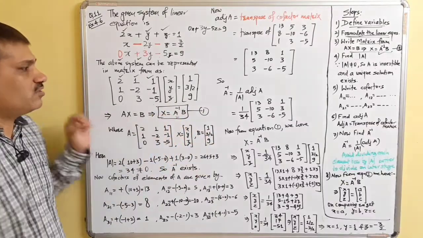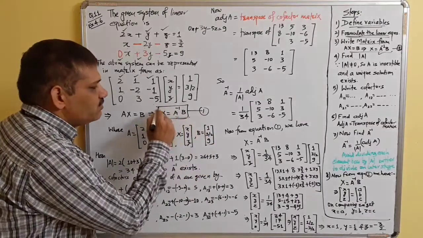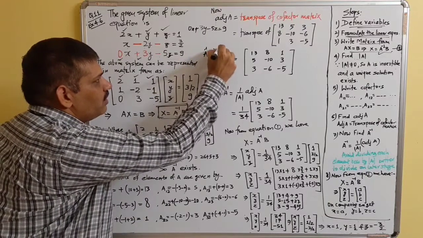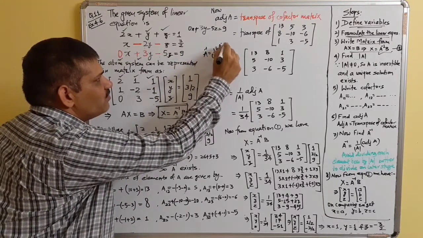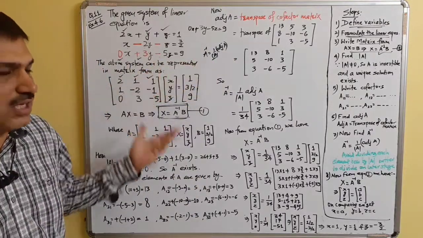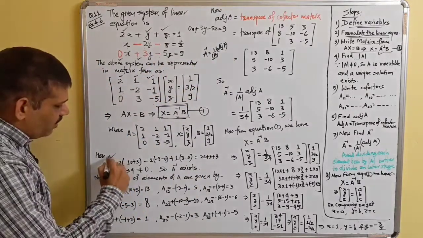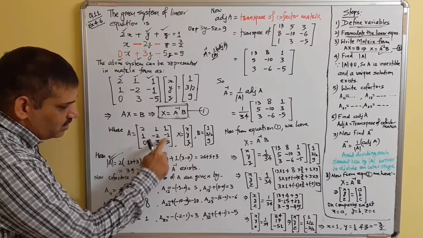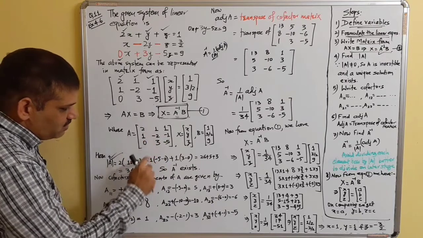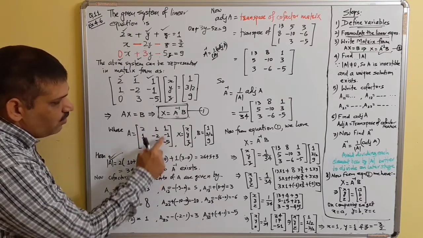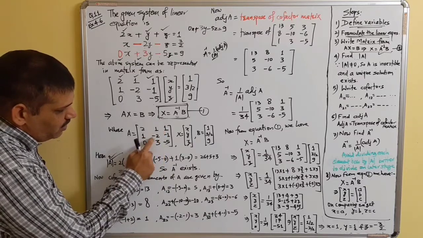Now the solution is X is equal to A inverse B. A inverse is 1 upon determinant A times adjoint A. So first of all we find determinant A. If determinant A is not equal to 0, then the inverse exists. So 2 times of plus 10 plus 3, minus 1 times of minus 5 minus 0, plus 1 times of 3 minus 0.